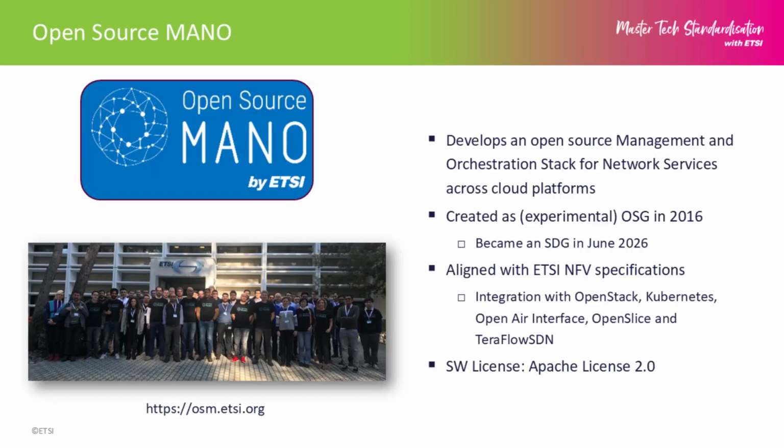Open Source MANO develops an open source management and orchestration stack for network services across cloud platforms. It is the oldest open source community at ETSI, but only became an SDG in 2026.